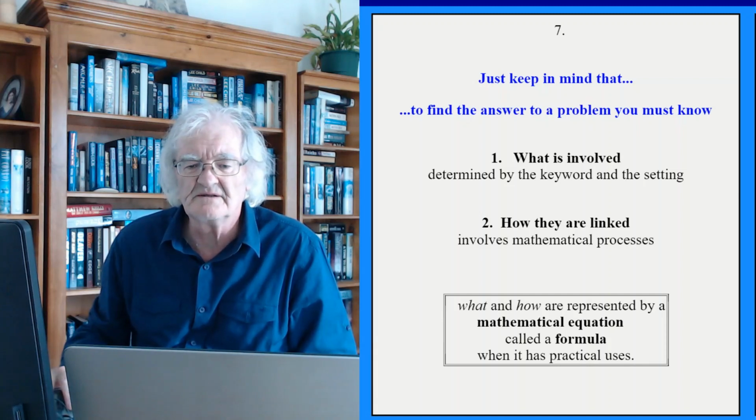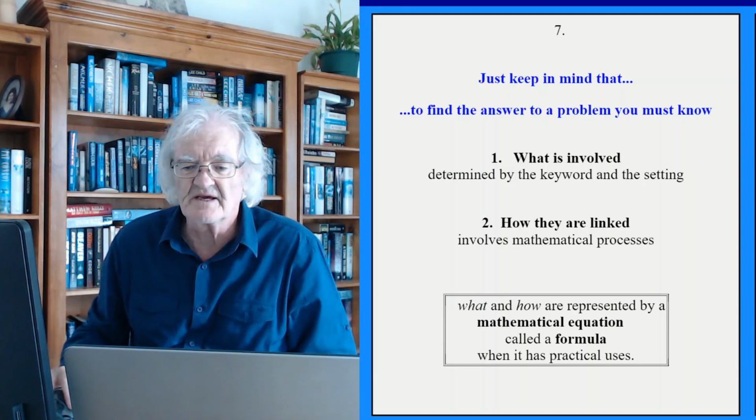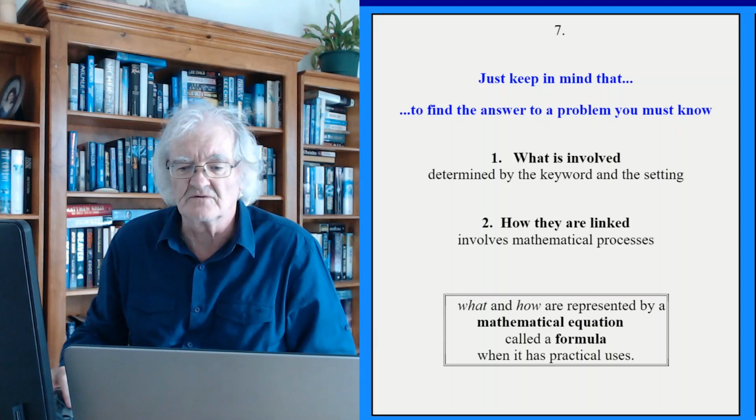Just keep in mind that to find the answer to a problem, you must know what is involved. That's determined by the keyword and the setting, and how they are linked. That involves the mathematical processes. What and how are represented by a mathematical equation called a formula when it has practical uses.